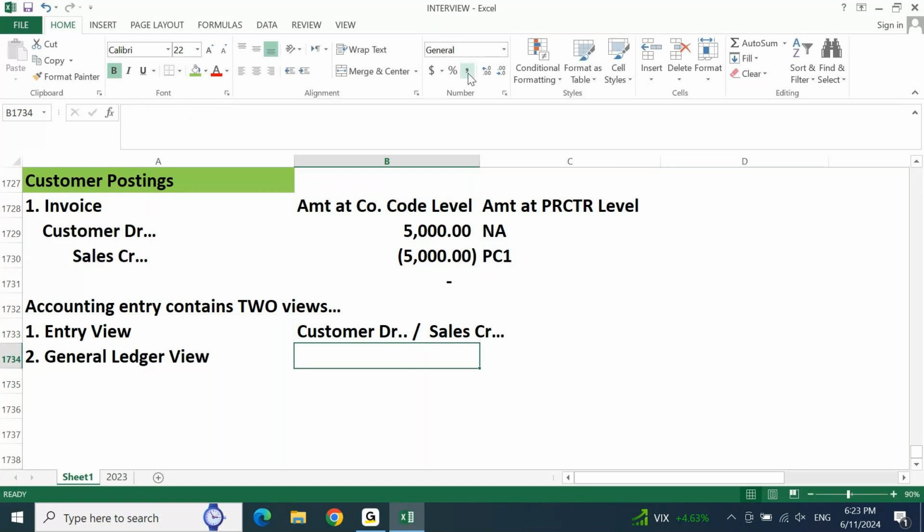Now you're all aware, whenever you create any customer master data, inside the customer we are assigning a GL account called reconciliation account. Inside every customer master, you are going to assign a GL account called reconciliation GL account. Customers are part of accounts receivable. For accounts receivable, we are going to create different kinds of GL accounts like domestic accounts receivable, export accounts receivable, intercompany accounts receivable, one-time accounts receivable.